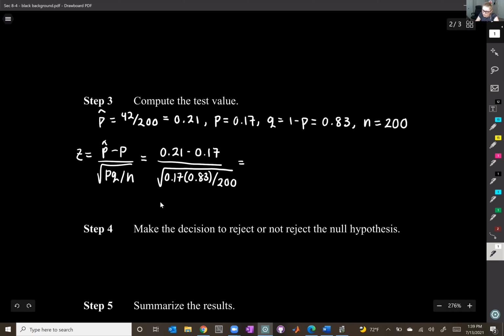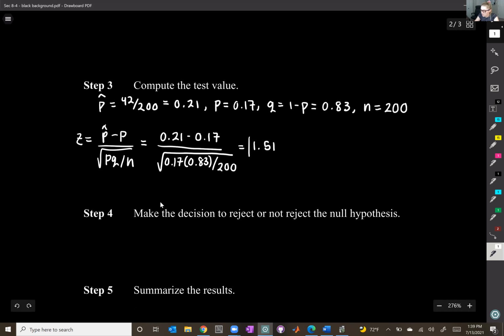When you do this, you should get 1.51, and that is going to be our test value. If you remember, the way we decide to accept or reject the null hypothesis is based on whether the test value falls within a critical region or in the non-critical region.